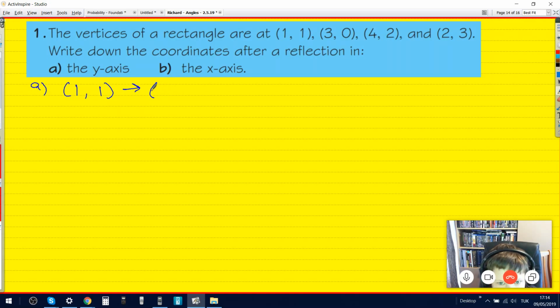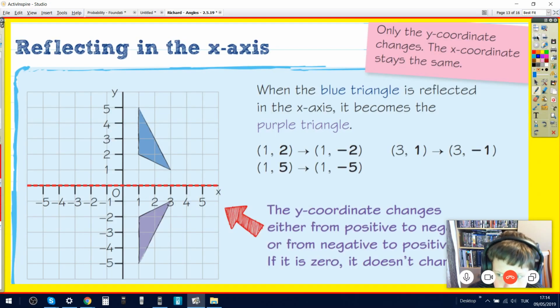If it's a reflection, then only the sign will change. So this is a reflection in the y-axis.